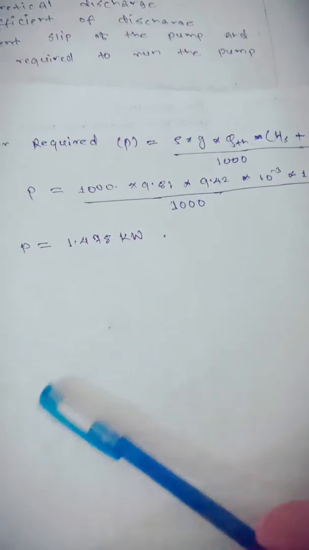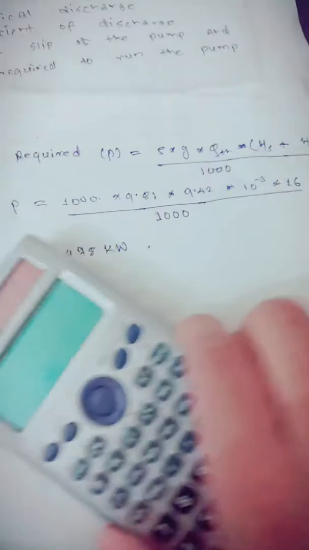By dividing it by 1000, the 1000 in the numerator and the 1000 in the denominator both get cancelled. Then we use the remaining values in the calculator and check whether it comes the same or not.